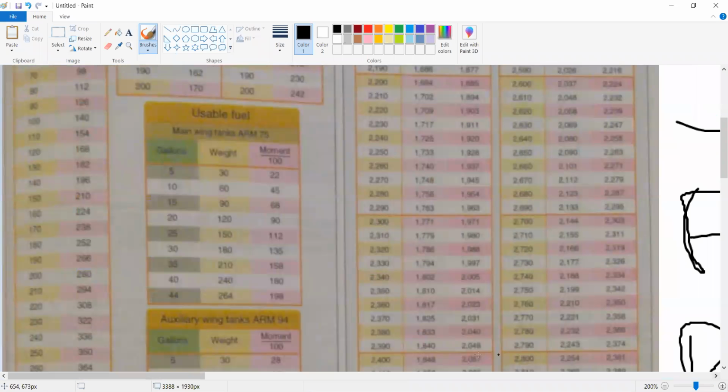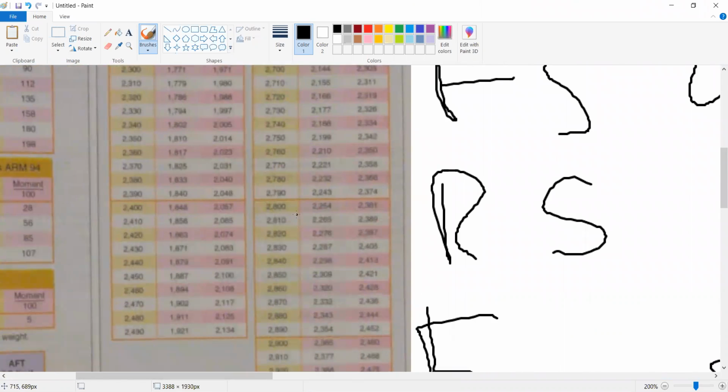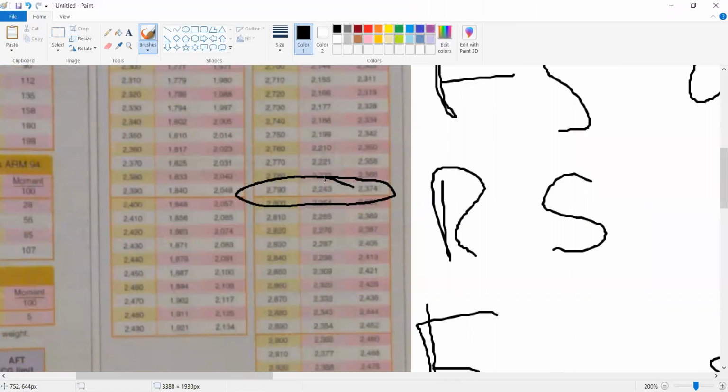So are we good or not good? If we look at our numbers here, we're at 2,790, and it is right here. So based on that, we are within the minimum moment. We are good. Our moment is 2,222.